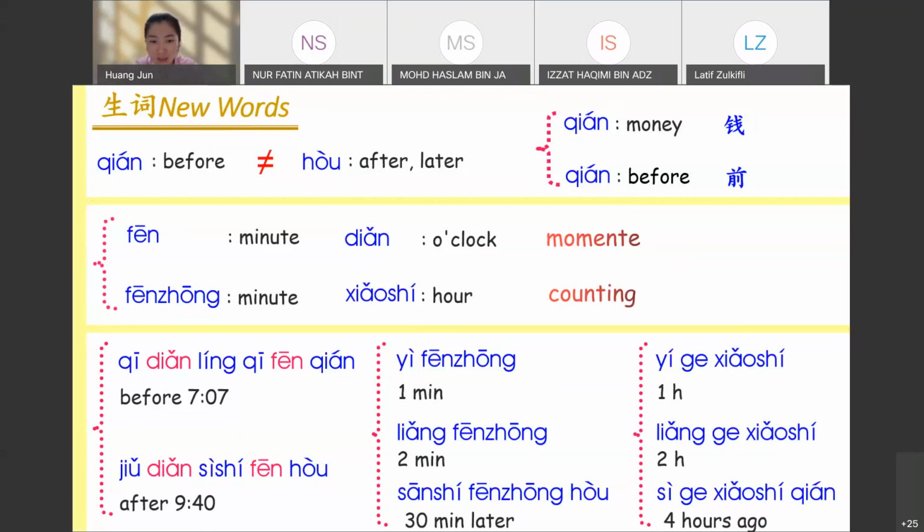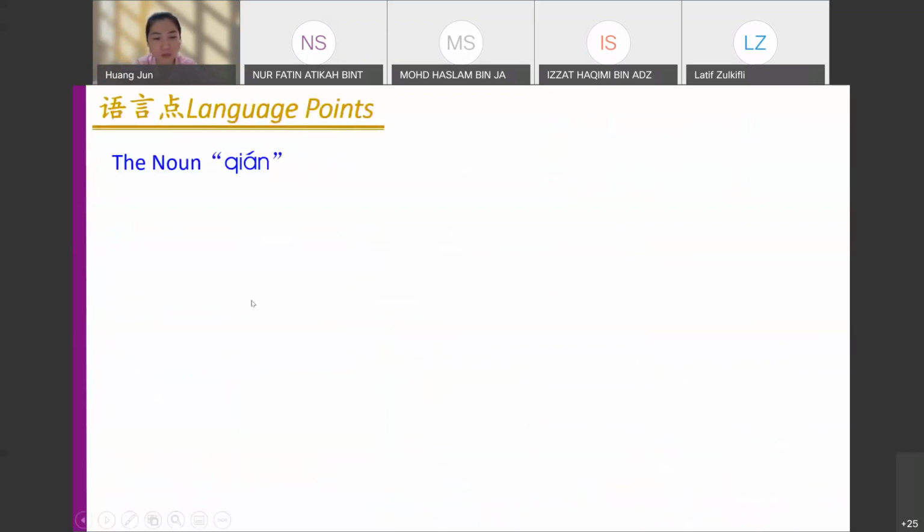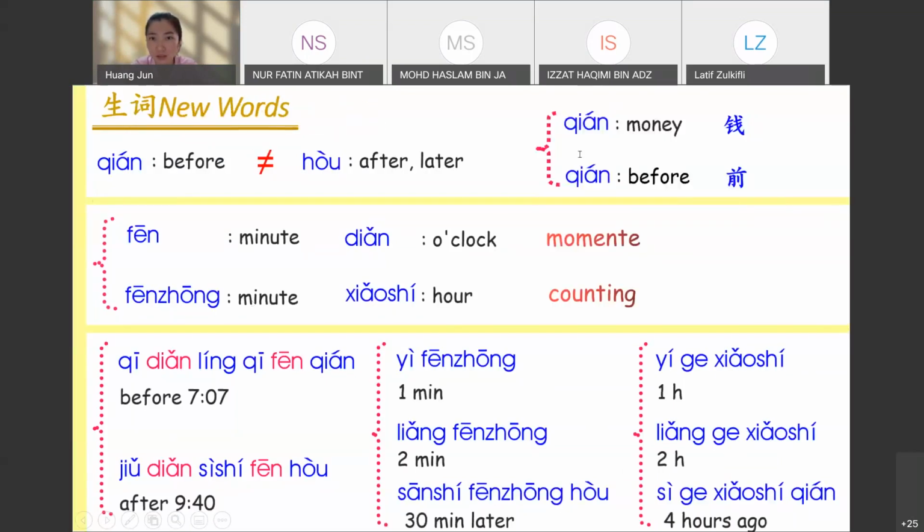The first one is counting for year, 年. Make sure I write the notes over there. When we're talking about year, it's the word 年. So when you're counting 年, we don't need to put 个 in the middle. Also, when you're counting days, we use 天.